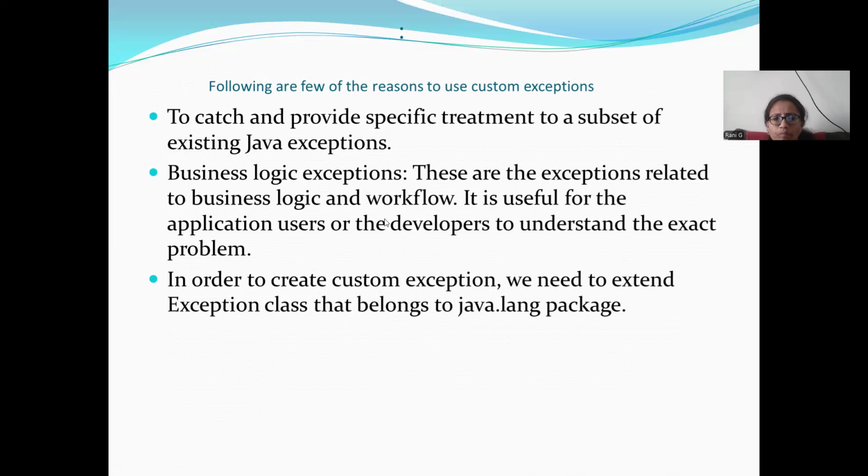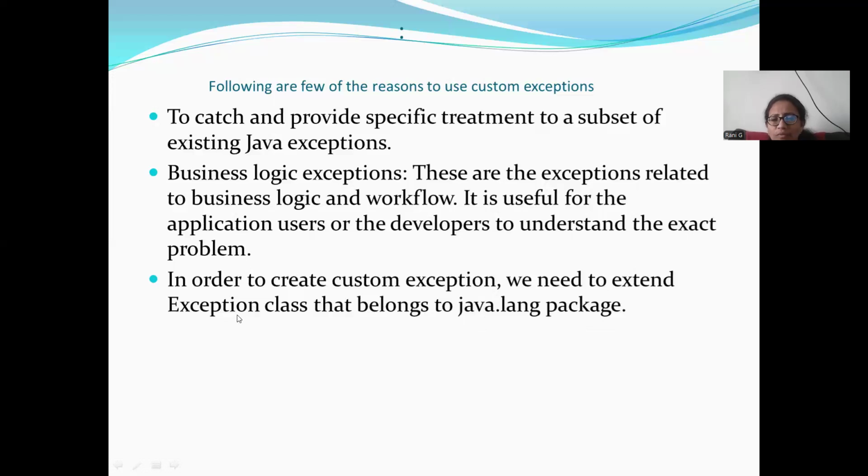In order to create the custom exception, we need to extend the Exception class that belongs to the java.lang package. In the previous program, we just gave the class and the name of the class. We were not extending anything from the Exception class. The Exception class is the main class from which we can create the custom exceptions.